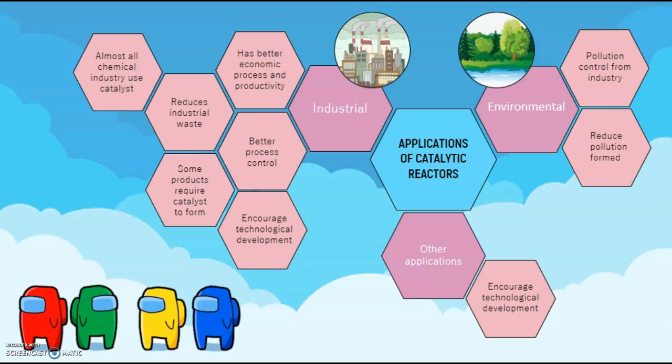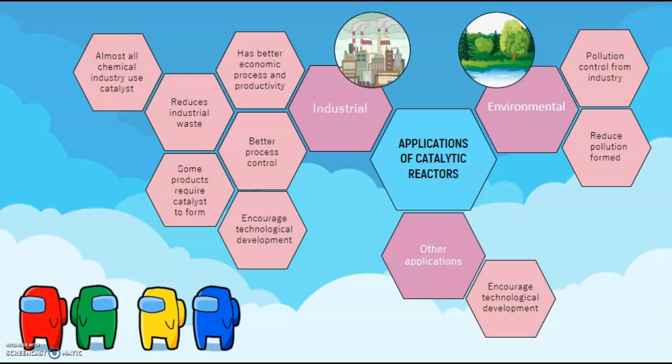Then next, it reduces industrial waste. Because catalyst remains unchanged during the process, there is no extra waste produced during the reaction. Next is better process control. You can see that using catalyst, we have better control over the rate of reaction, so we can determine whether we want the reaction to go fast or want it to go slower.